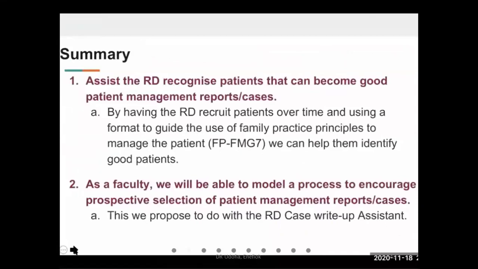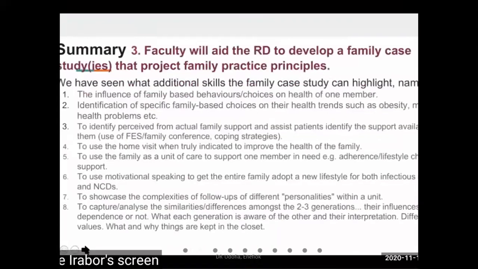In summary of what we have tried to do, we've tried to see how you can recognize a good patient management. We have said, why are you choosing that patient? And we have tried to draw your attention that the college is encouraging us to select a patient and report right, and also to develop skills to present your case in a family case study.